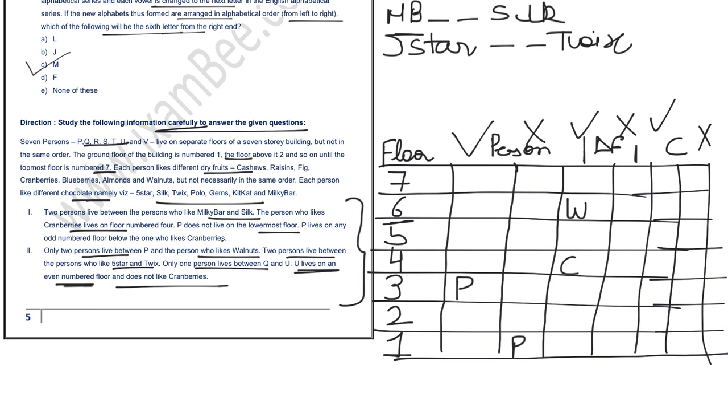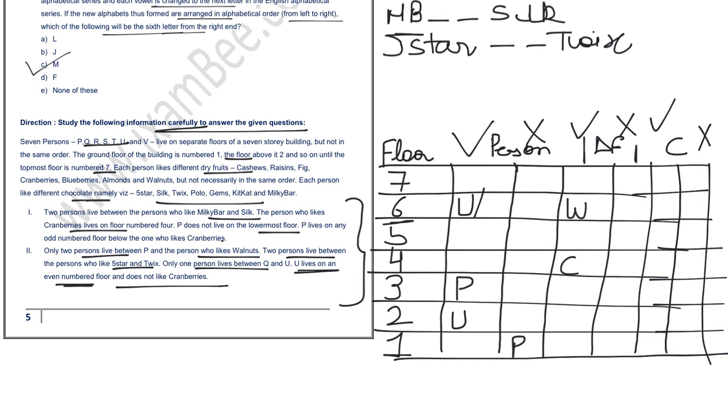So U might live on floor number 2, or you might live on floor number 6, because these are the only possibilities at which U can live, because U lives on an even number floor, right?